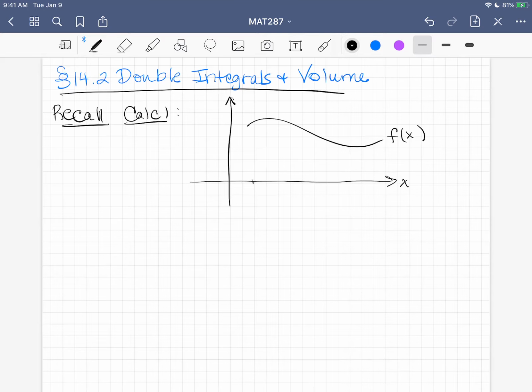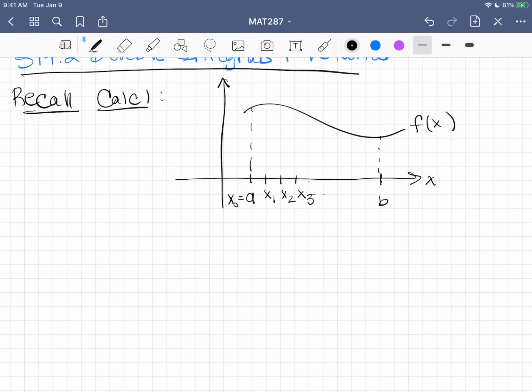And we did that, say we wanted to find the area between 2 points A and B. Well, we broke the interval A to B into a partition, and so on all the way through xn. And we created bars of some height between each interval in our partition, and we calculated the areas of those bars.